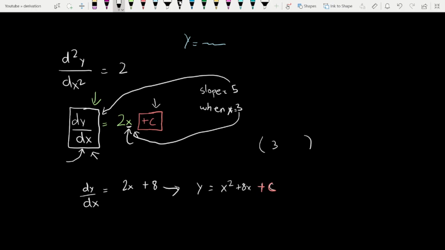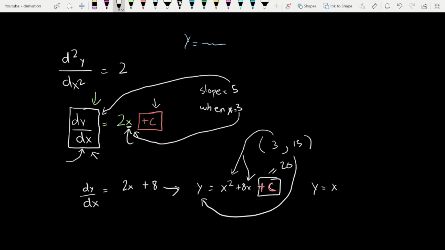Let's say x equals 3 and y equals 15. So you chuck that x value in here, and that y value in there, and you're going to find this plus c. Let's say that plus c comes out to be 20. So you're just going to write that the equation of y is equal to x squared plus 8x plus 20.